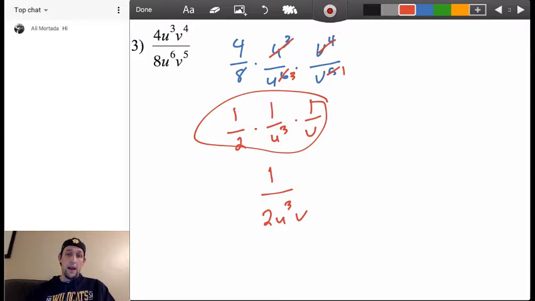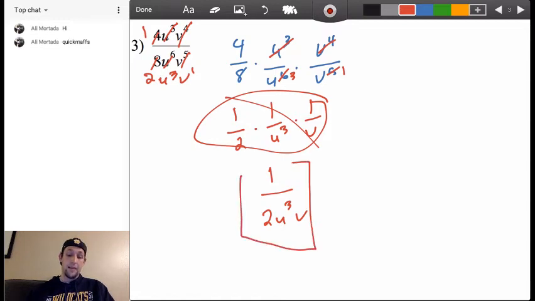You can just, within that same fraction, say 4 over 8 is 1 over 2. 3 and 3 cancel, and I get u to the third. 4 and 4 cancel, and I get v to the first, or just v. But the big thing is, you have to put that 1 in your numerator, so no matter how you break it down, that should be your answer.